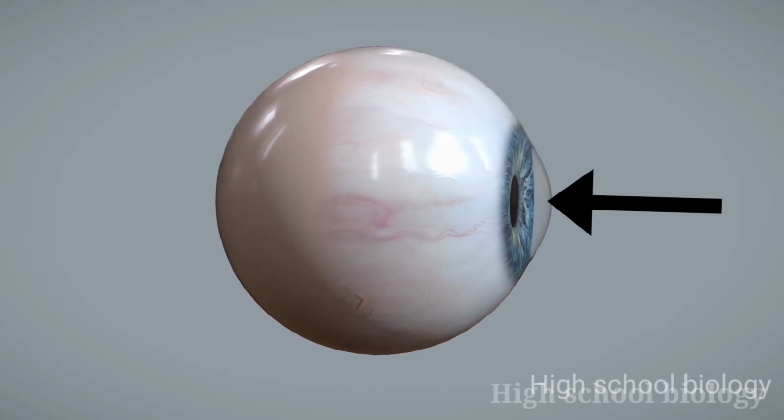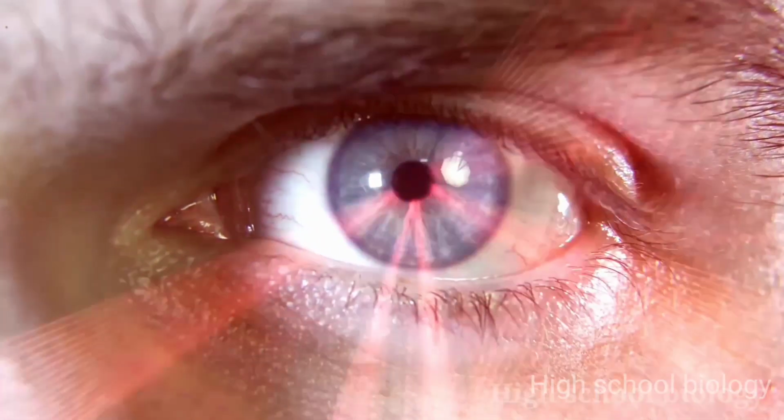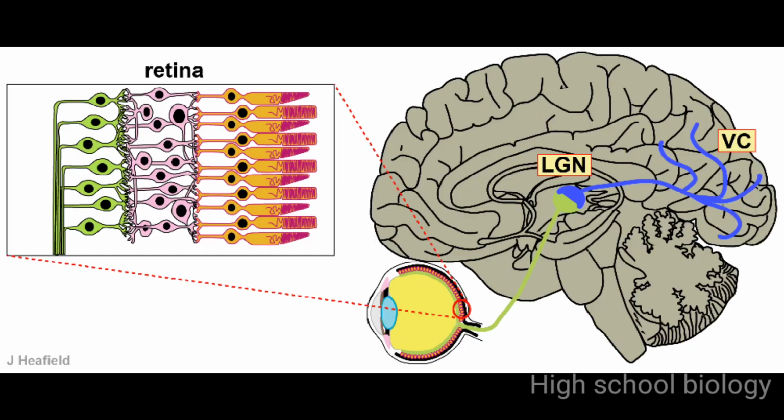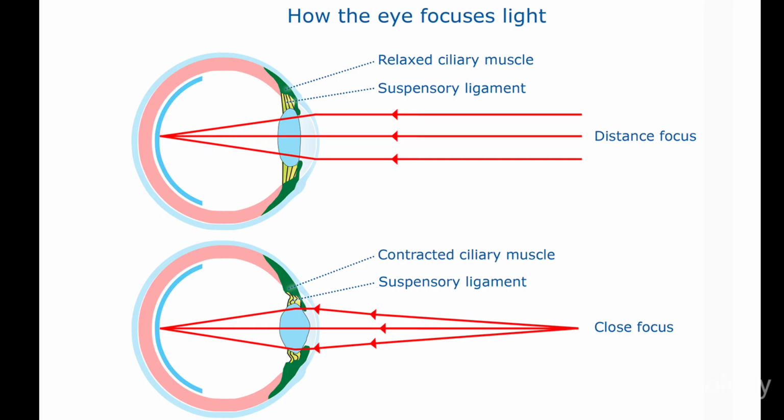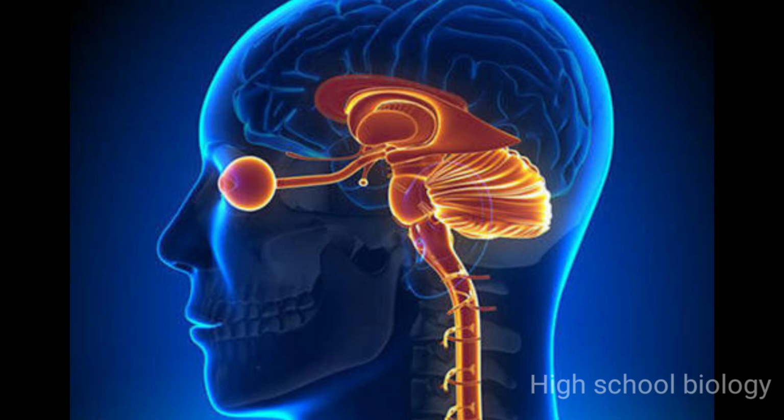When light hits the retina, special cells we call photoreceptors turn the light into electrical signals. These electrical signals travel from the retina through the optic nerve to the brain.